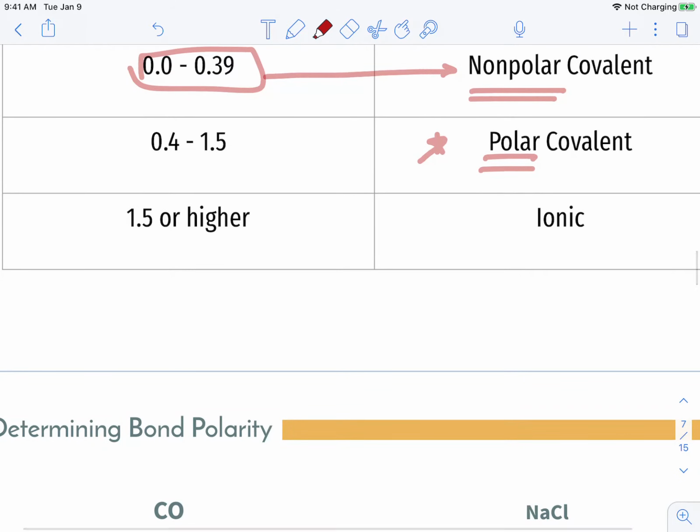I have down below two different bonds that are formed, okay? And we're going to determine whether those bonds are covalent or ionic, and if it's covalent, if it's nonpolar or polar.